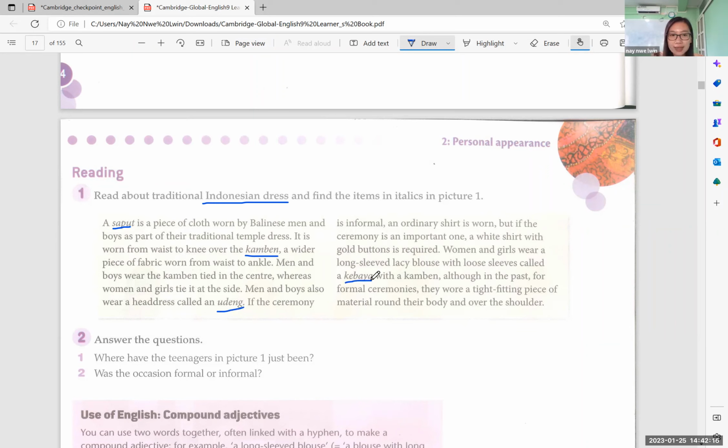There are only 4 italic words, am I right? Yes. So try to find out the items in the picture. Read this and try to find out what this word is, and this word, and this word. Try to find each of the items in the picture after reading, and after that, we'll discuss together.